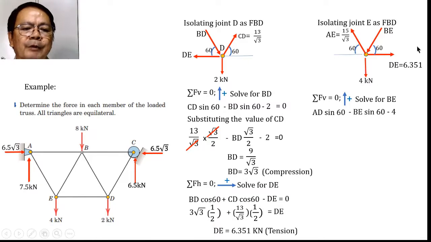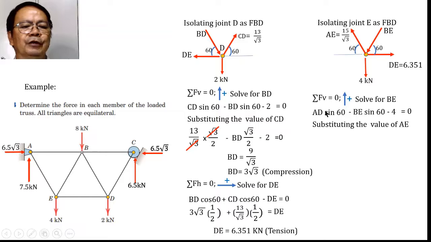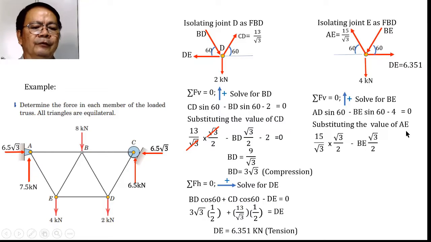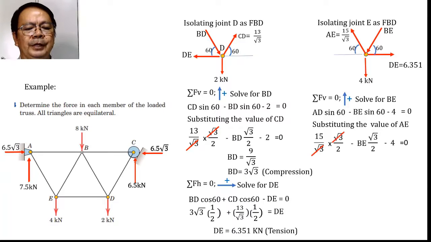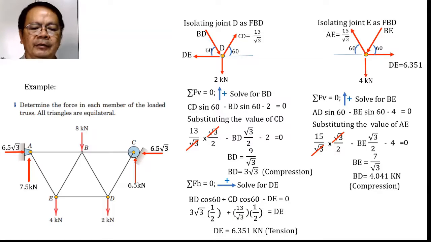I'm sorry, minus 4 pa pala, ano? And so, from here, we are going to substitute the value of, sorry, this is AD. So, we have 15 over the square root of 3 minus 4, and so BE will be 4.041 kilonewton, and the direction is towards the joint, therefore that is in compression.